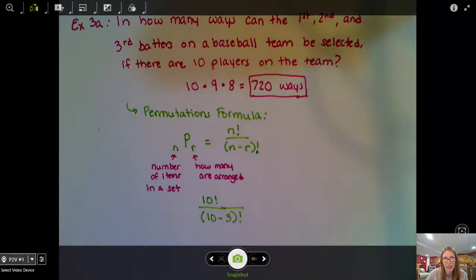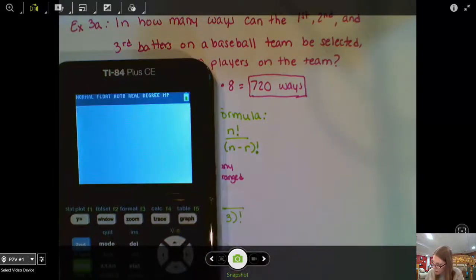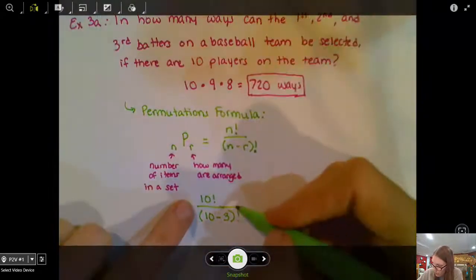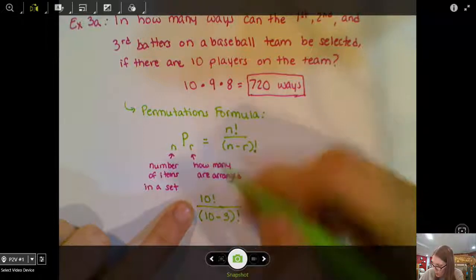Okay, so we could type this in our calculator too. Just like this, if we do 10 factorial divided by 10 minus 3 factorial, we get 720 again. Now the reason this works is the same way as what we did up here.